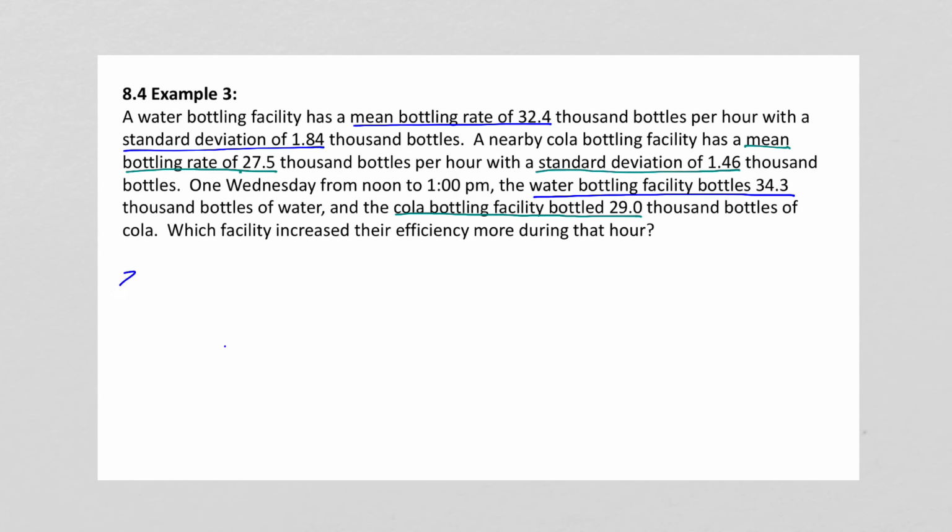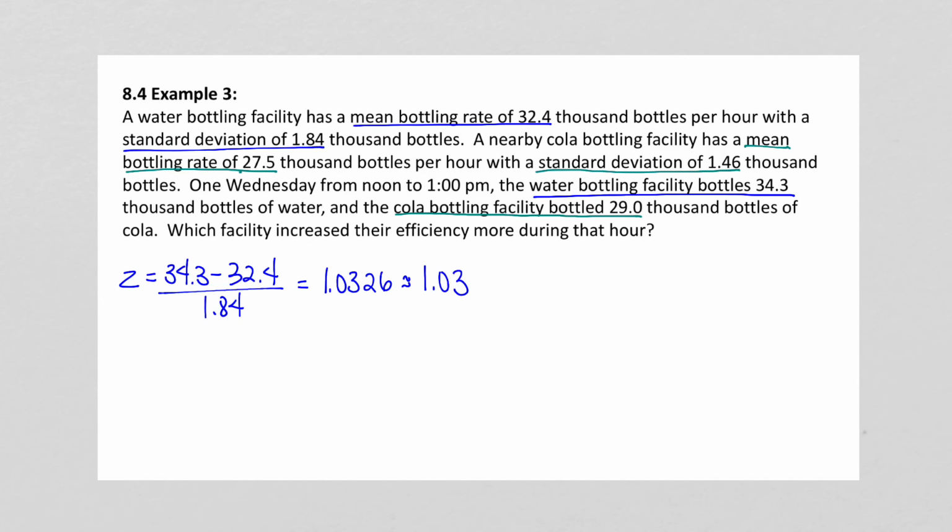For the water bottling facility, the data point is 34.3 minus the mean, over the standard deviation, and we get a z-score of 1.0326, which we'll round to 1.03.